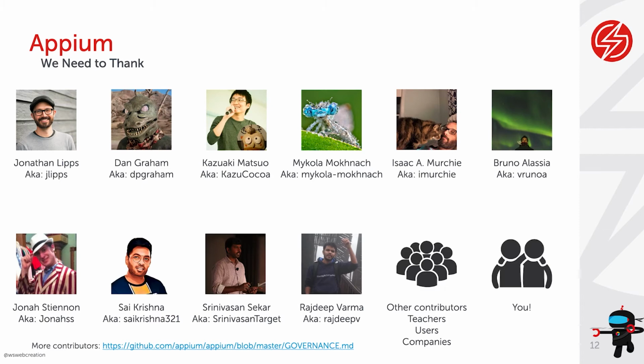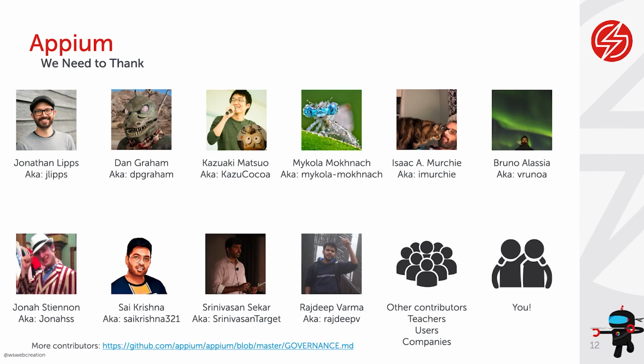Then you're also a contributor. So this awesome tool, Appium, is being maintained by all these awesome people. Thank you. And also thanks to the companies who are funding Appium by, for example, giving people the option to contribute to Appium. So thanks everybody who is working with Appium and contributing back to Appium.